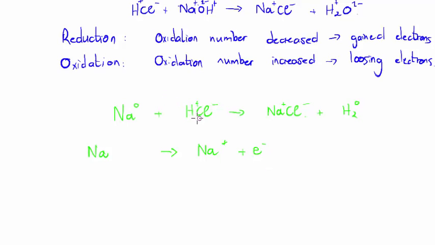Now on the other side we had hydrogen, which was positive, and that became hydrogen, the diatomic molecule. Again, this one is positive because hydrogen gave away an electron.